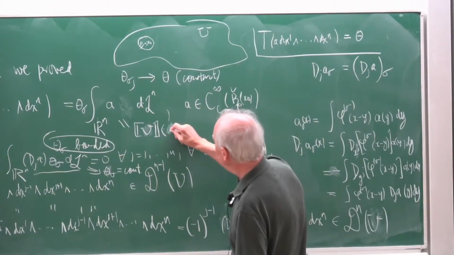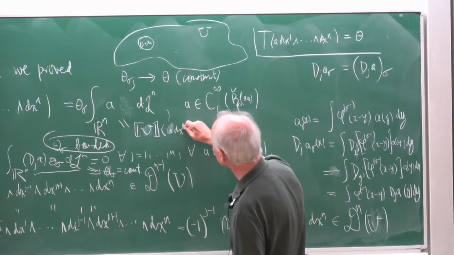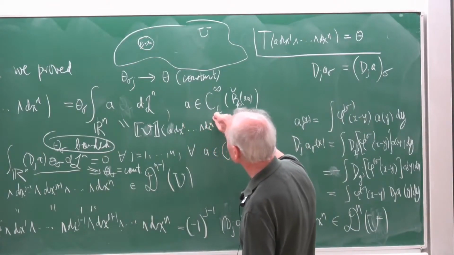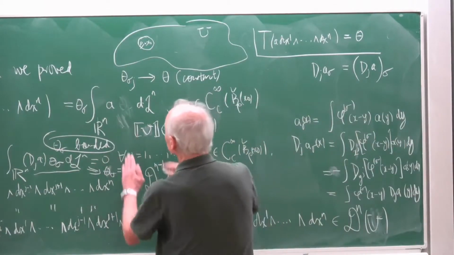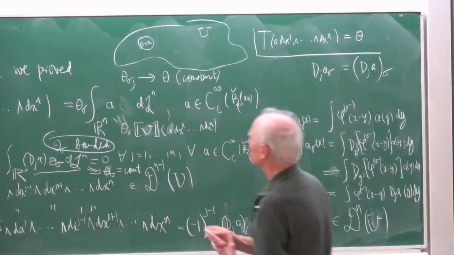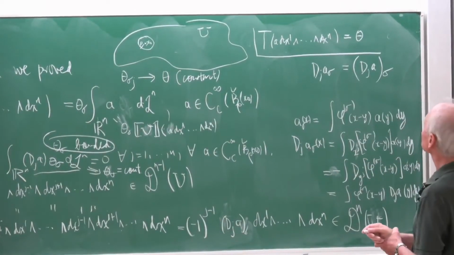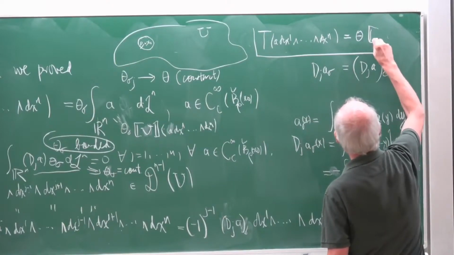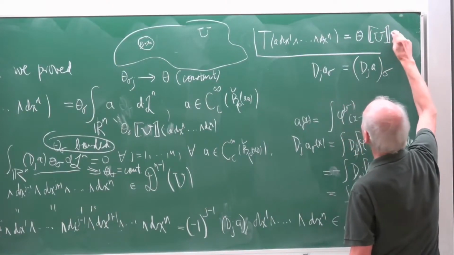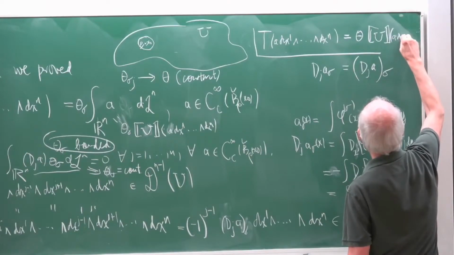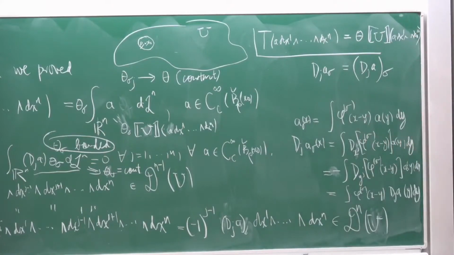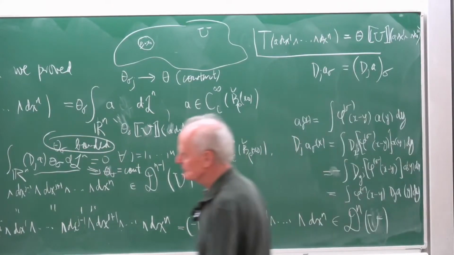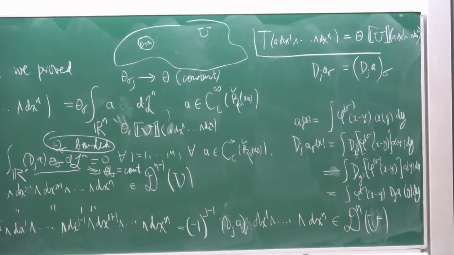It's U hitting A dx1 up to dxn. It's just another way of writing the same thing, with the constant factor of theta. So this is equal to this dxn. So that's the proof. We proved that T is equal to C times U.